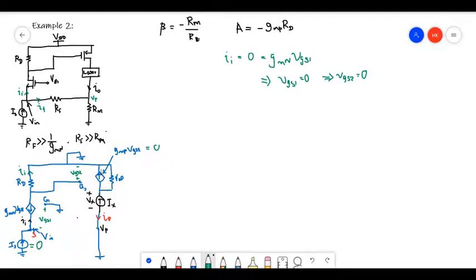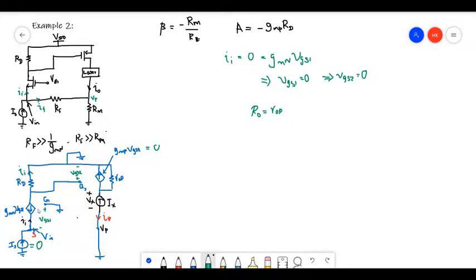So that means all these things are not important. The only thing left is this ROP resistor, which will be our open loop output resistance, because all the other things are not giving any current.